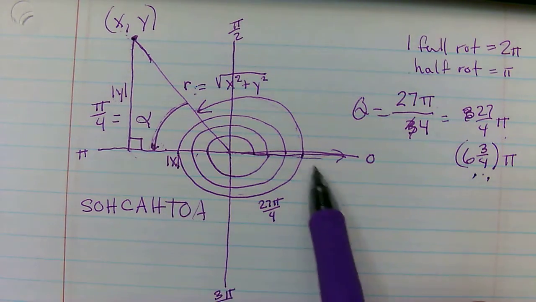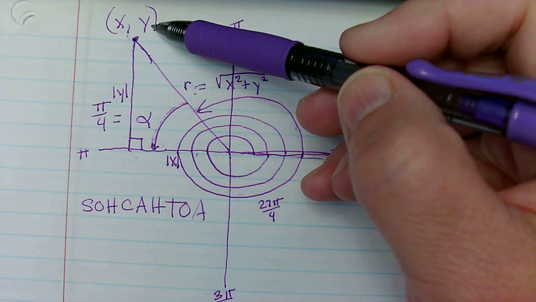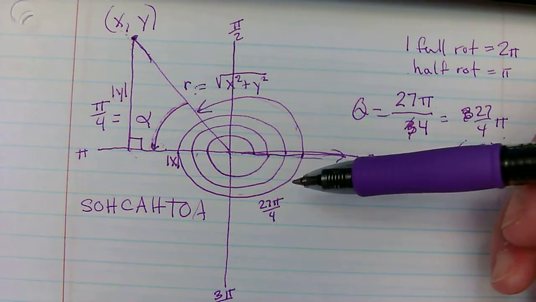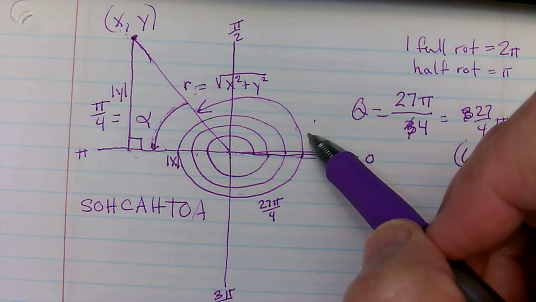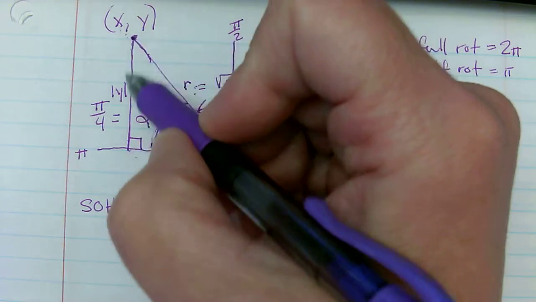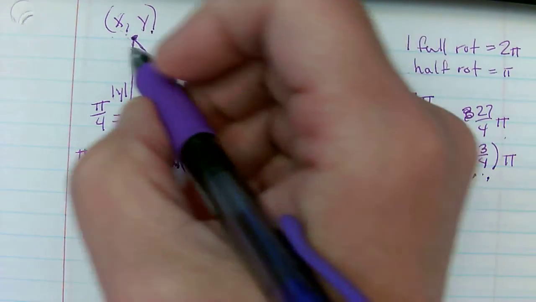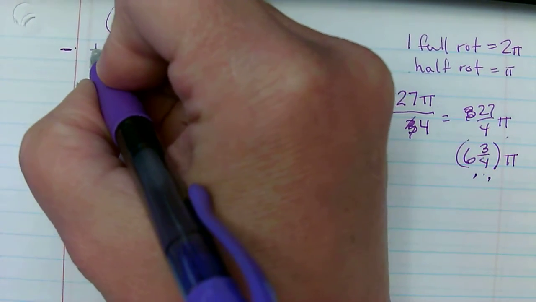But since we're talking about this other angle, and these x's and y's aren't both positive, in order to make it the correct trig values for this angle that is not in the first quadrant, we use the signs of these values. So in this particular quadrant, x would be negative and y would be positive.